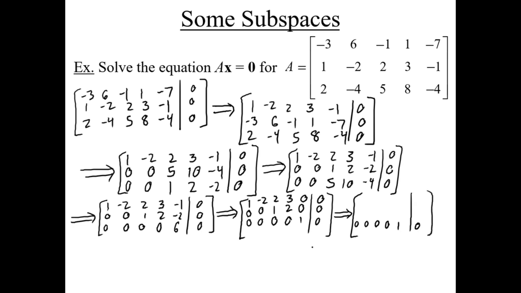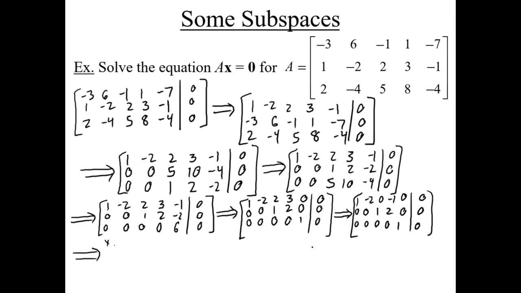Middle row is fine with 0, 0, 1, 2, 0, 0. Top row. So multiply the middle row by -2 and add the top row. I get 1, -2, 0, -1, 0, 0.